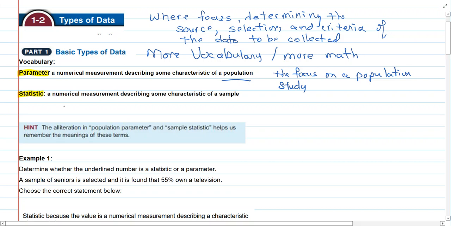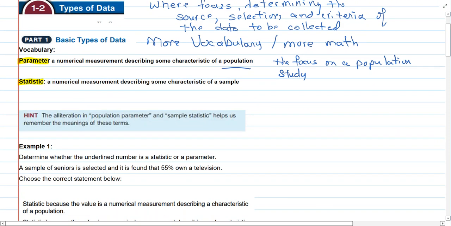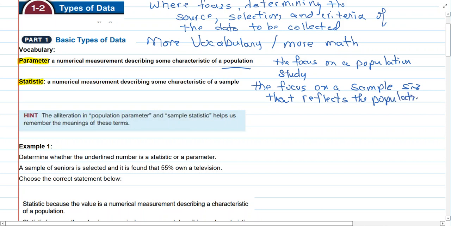A statistic is a numeric measurement describing some characteristics of the sample. The focus on a sample size that reflects population study.